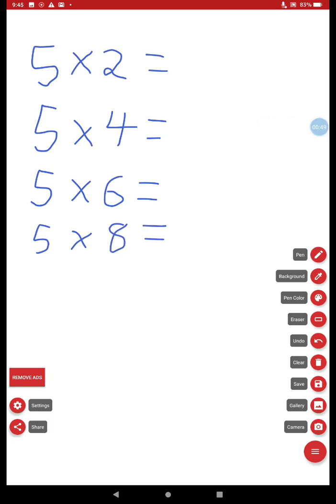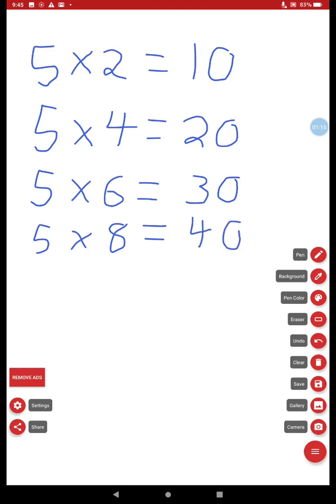What do you see? 5 times 2 is 10. 5 times 4 is 20. 5 times 6 is 30. 5 times 8 is 40. Okay, that wasn't too hard.